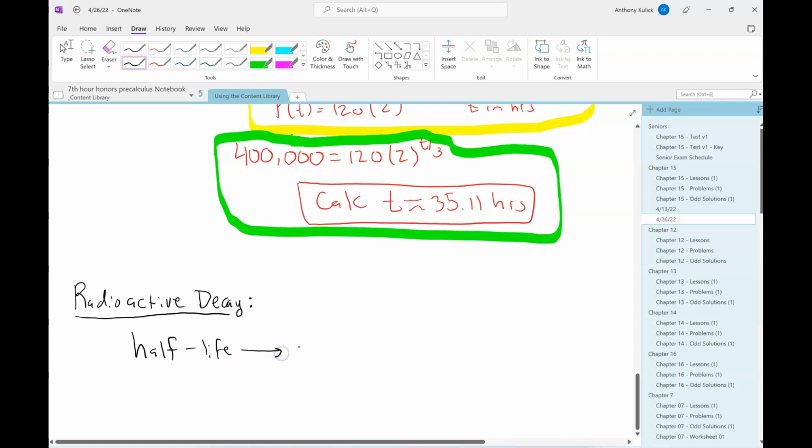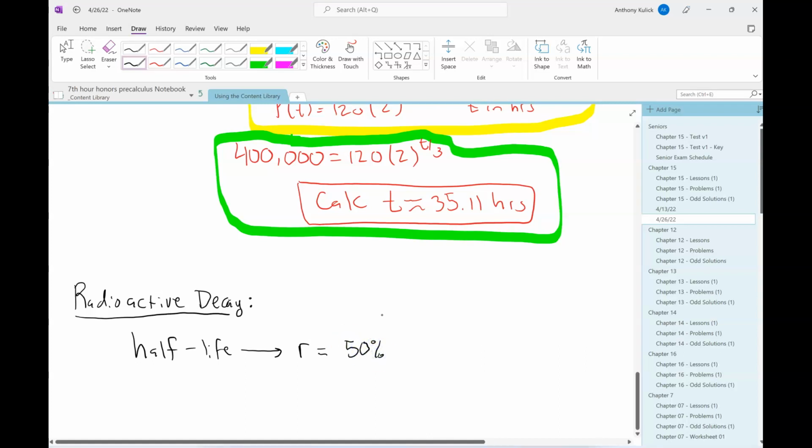For us, though, what we really care about is what half-life means in terms of R. So what percent value does half-life imply R should be? If you go to a store and something is half off, it's 50%, right?